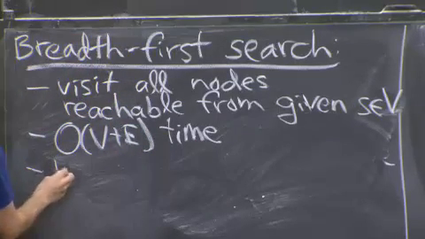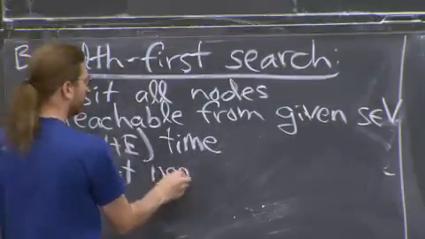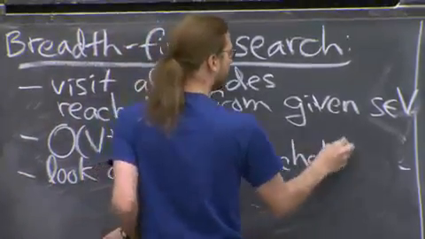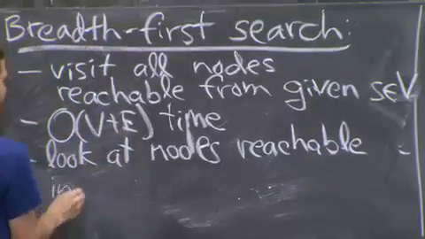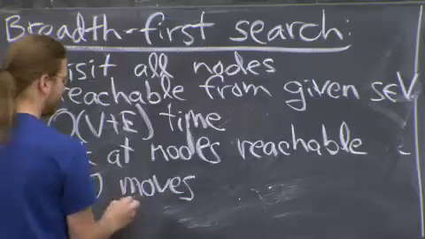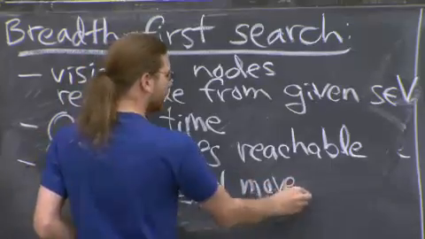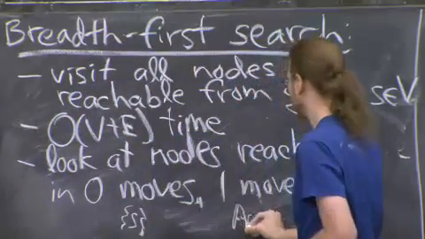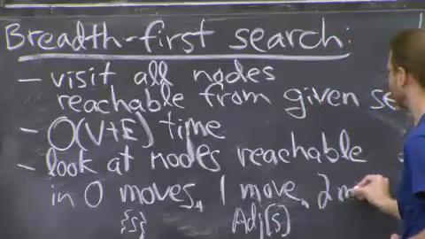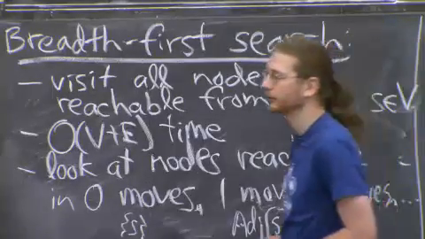And the idea is to look at the nodes that are reachable first in 0 moves. 0 moves, that's S. Then in 1 move, well, that's everything you can reach from S in 1 step. That's adjacency of S. And then 2 moves, and 3 moves, and so on until we run out of graph.